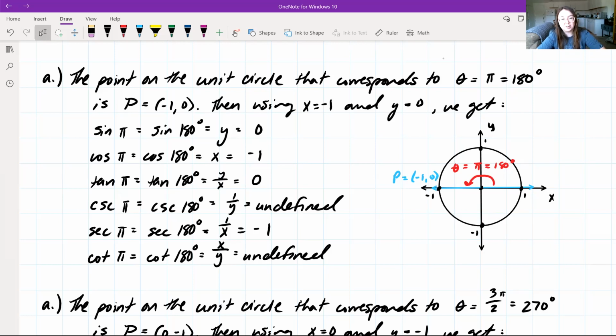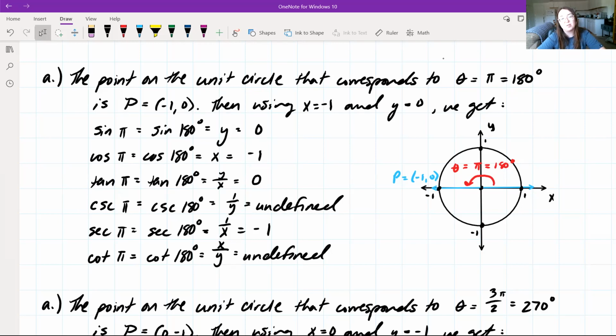Cosecant of pi, or 180 degrees, is equal to 1 divided by y, where y is 0, so that'll be undefined. Secant of pi, or 180 degrees, is equal to 1 divided by x, where x is -1, so 1 divided by -1 is -1. And cotangent of pi, or 180 degrees, is equal to x divided by y, where y is going to be 0 and x is -1.